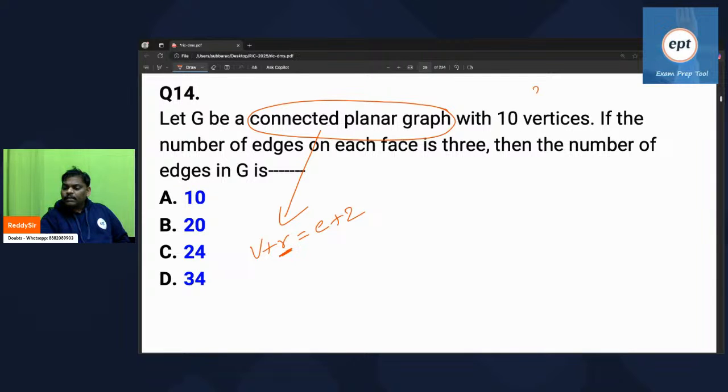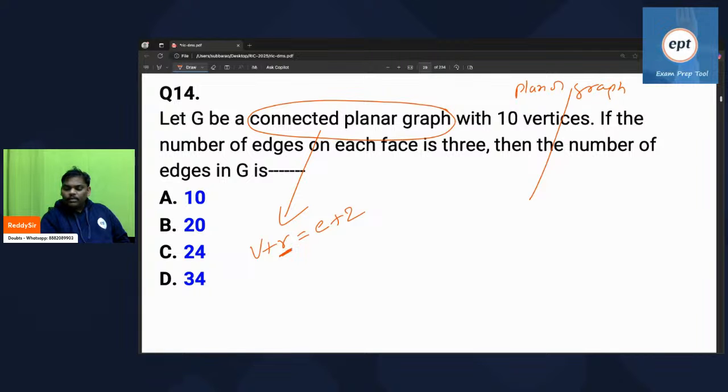Suppose it is not connected. I cannot say not connected; I simply say planar graph. He didn't mention connected or not.